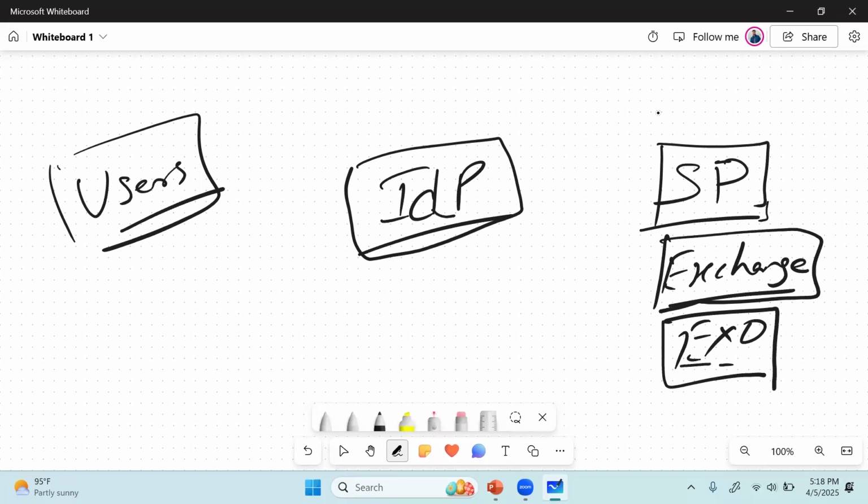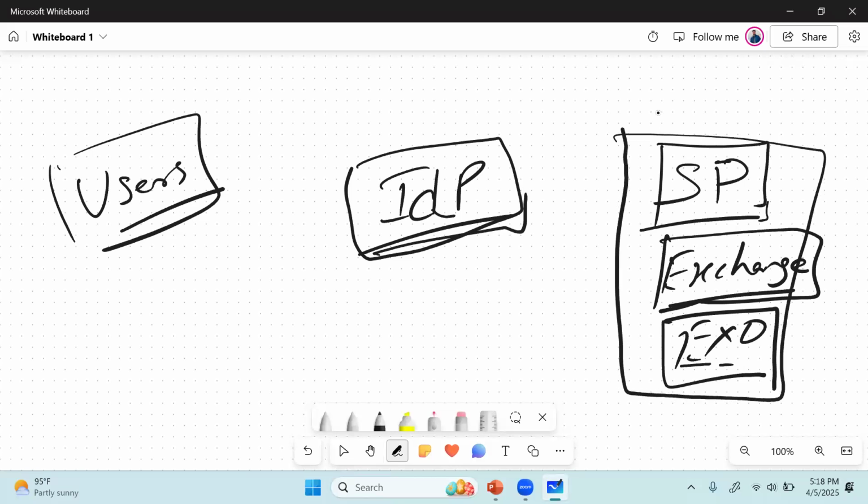When I talk about the identity provider, that is the system which would authenticate and authorize users to access these services under the service provider. For example, let's say there's a user named user1, and this user wants to access a mailbox which is hosted under a database of the Exchange server service provider.